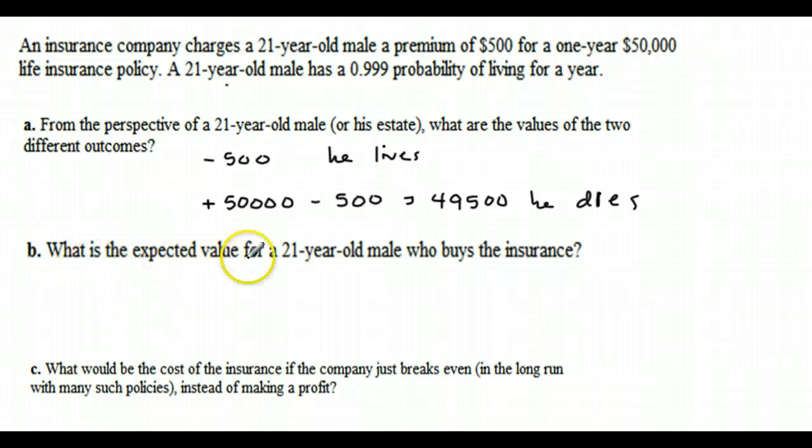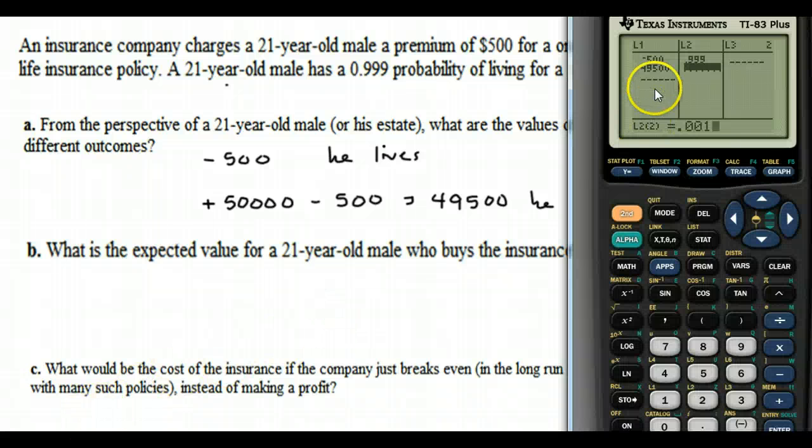Alright, now what's the expected value for a 21-year-old male who buys the insurance? Well, if you think about it, again, we can go to our calculator, just so you can see it. These are the two possible values. He can lose $500 with a 0.999 or 99.9% chance of that happening, or he can gain $49,500.